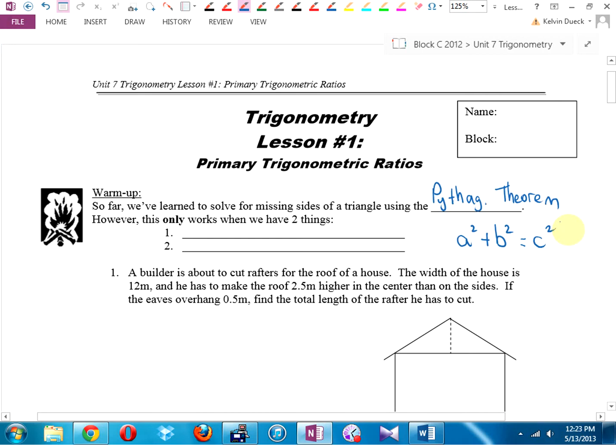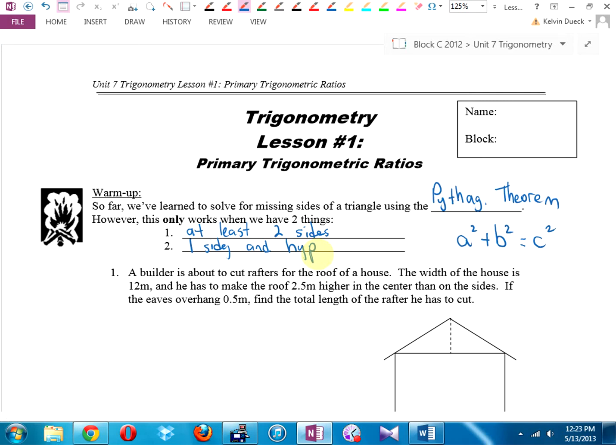But Pythagoras only works when we have at least two sides. Then you could find the hypotenuse. Or one side and the hypotenuse, then you could find the other side. The equation has A, B, and C. You needed two of them to find the third.